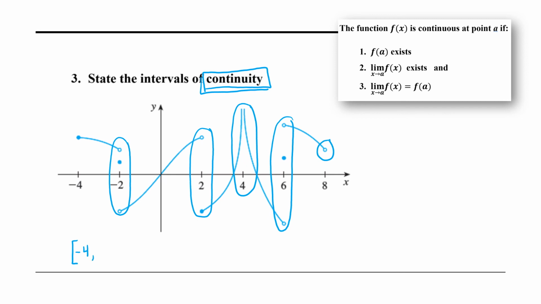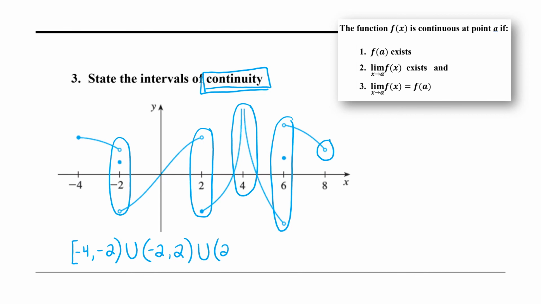And then I'm continuous all the way across. I'm continuous until my discontinuity at -2. And I have to have this open parenthesis here because I'm not actually continuous at -2. And then I'm continuous from -2 up until 2, where I hit my next discontinuity.